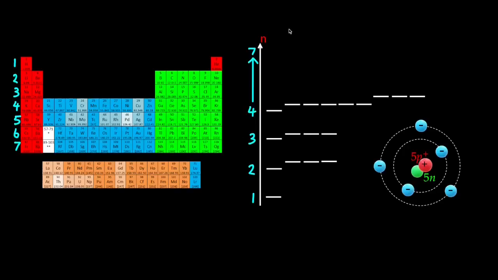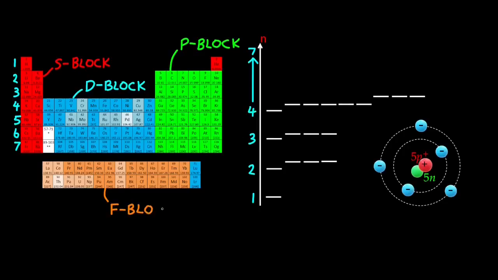And these shells or energy levels consist of subshells, which are grouped in blocks in the periodic table. So these are known as the subshells, which are contained in each shell.